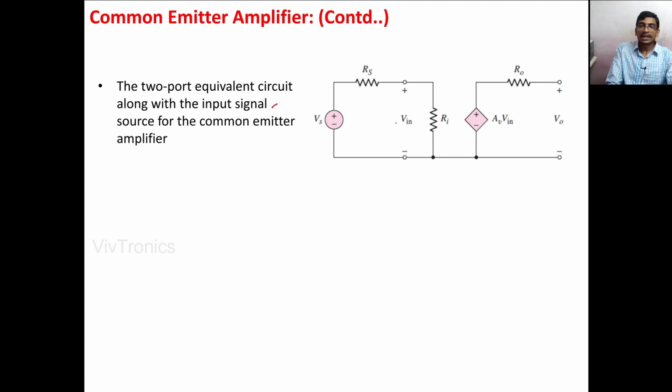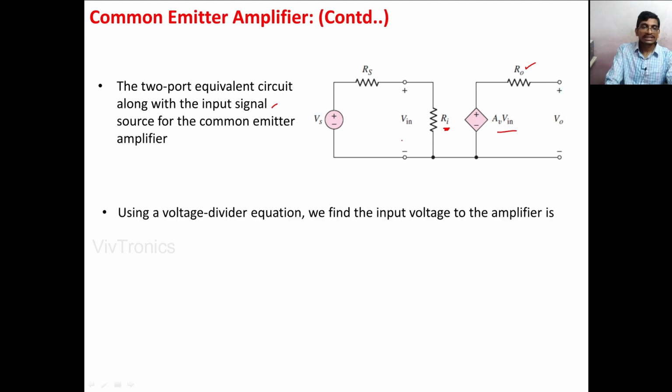Here at the input side, the input resistance Ri is represented, R0 is the output resistance, and AV times VIN is the output voltage. Using the voltage divider equation, we can find the input voltage of the amplifier, VIN, the input voltage across the Ri resistance, which is equal to the applied voltage Vs times Ri divided by Ri plus Rs.